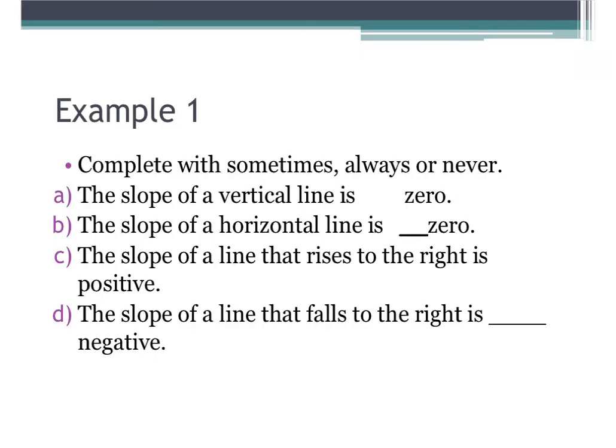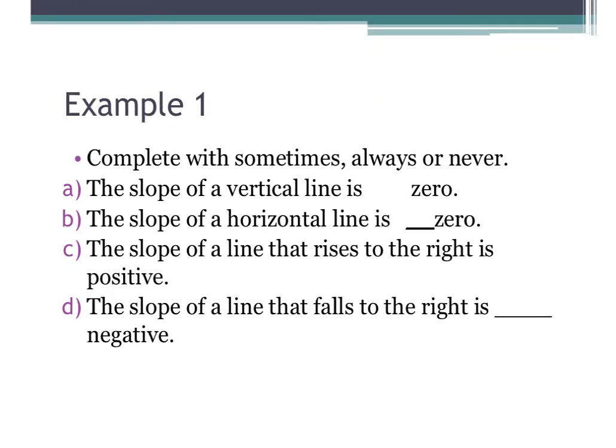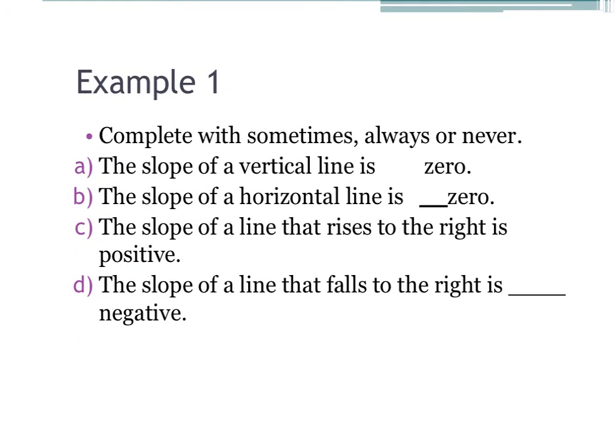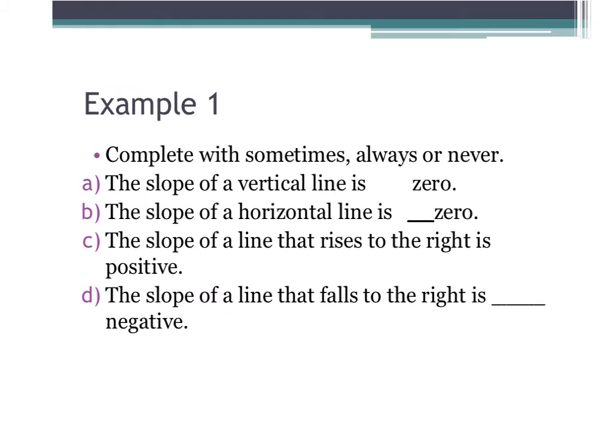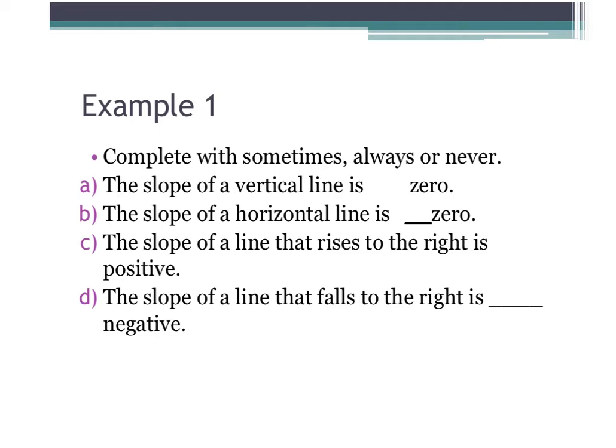Okay, so example 1, we're going to complete some of these statements with sometimes, always, or never. So the slope of a vertical line is blank 0. It's never 0. The slope of a vertical line is always undefined.